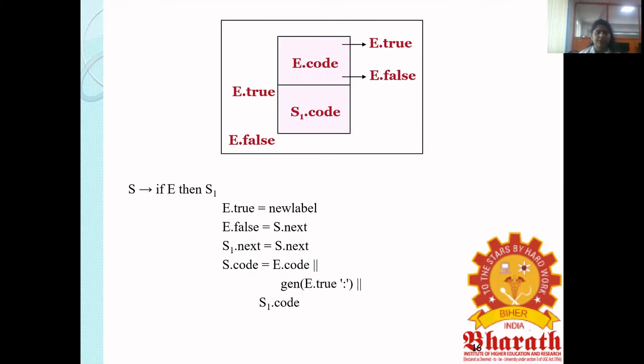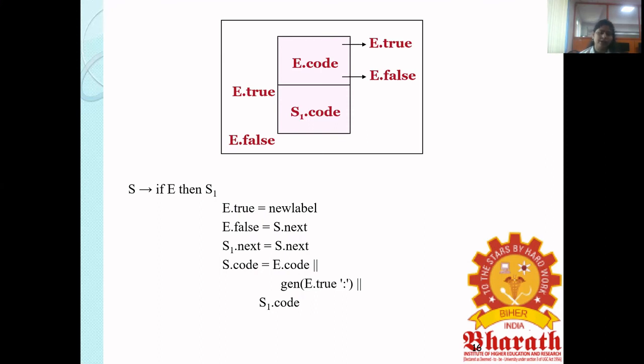So for E dot true, we want to create a new label. But E dot false will come directly to S dot next and stop the execution. S1 dot next is equal to S dot next. We also want to assign that, because after finishing S1 dot code, it wants to end the process.